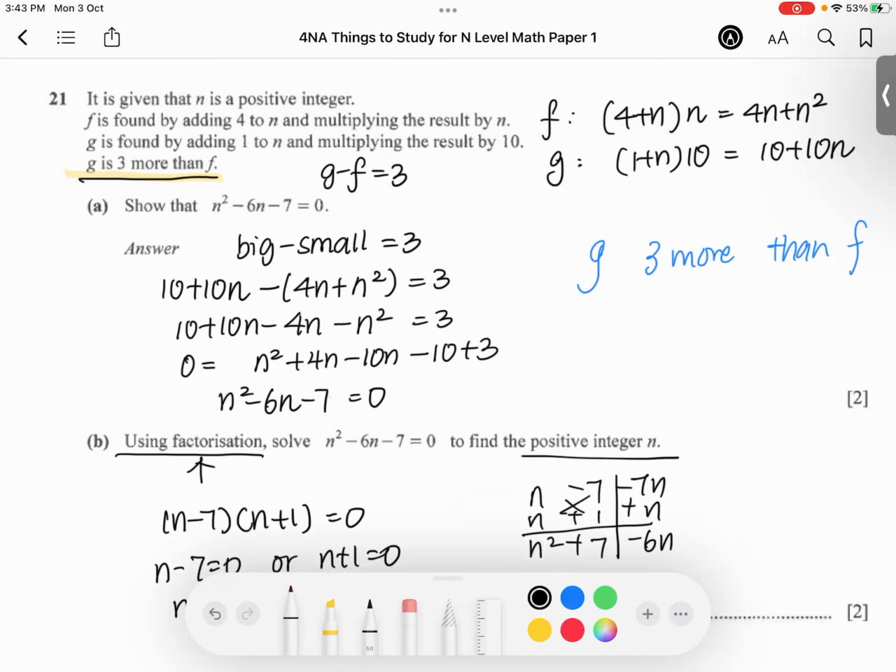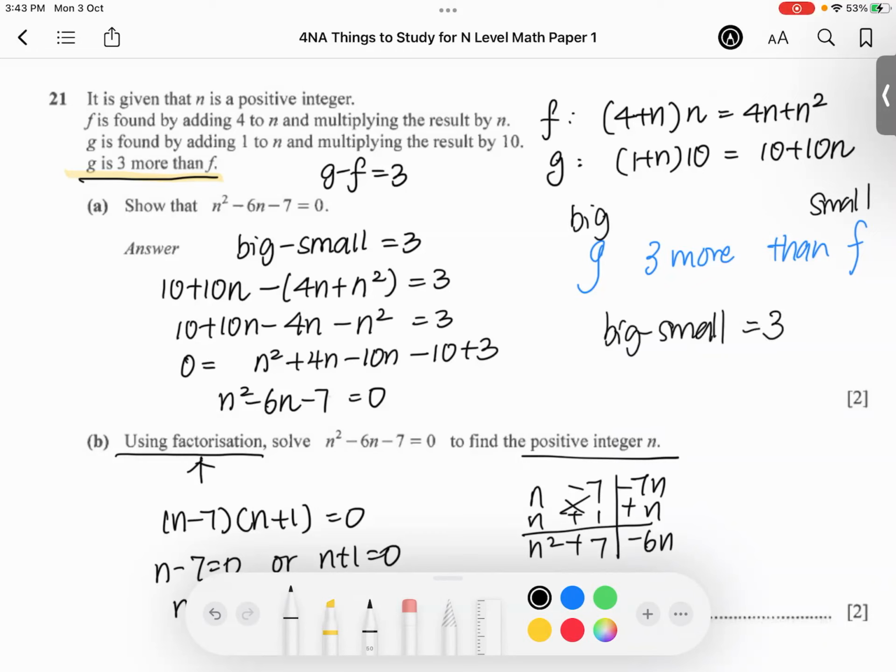Which number is small? G is 3 more, so G is big. Then F must be small. So when you do not know which side is 3, it's very simple. You take big minus small, and the difference will be equal to 3.